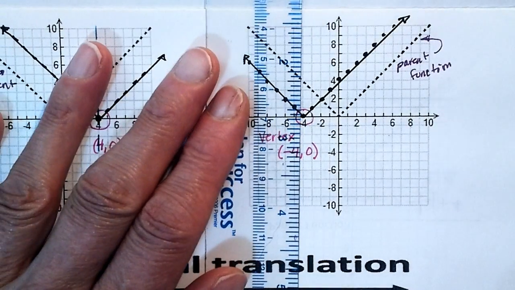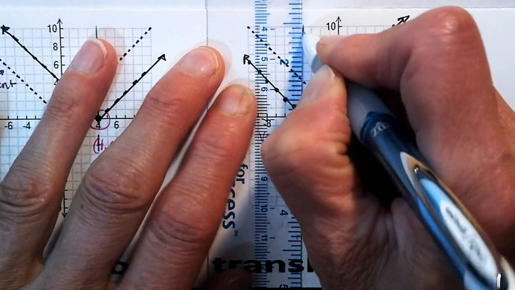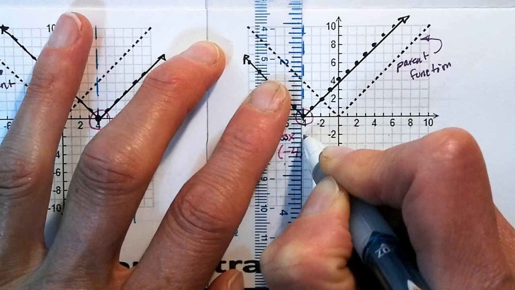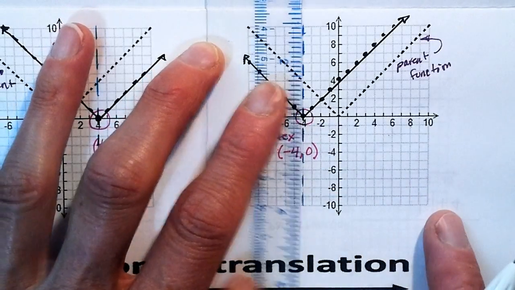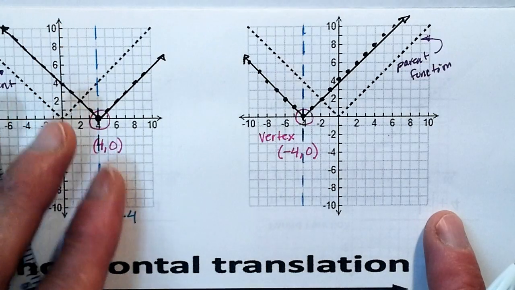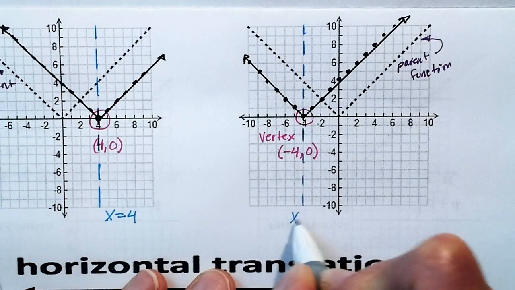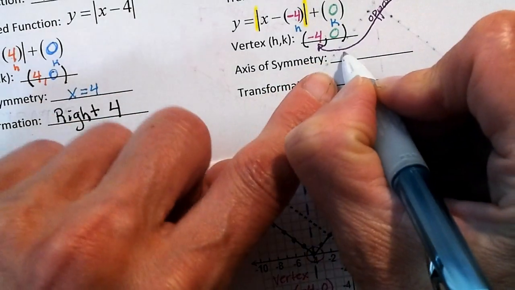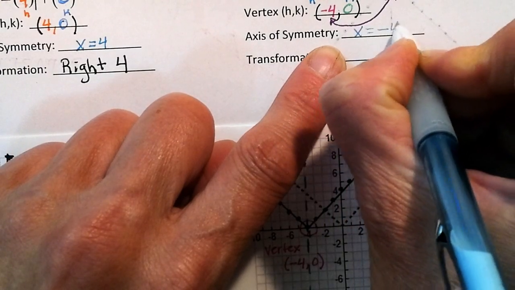So I'm going to go ahead and draw it in. I'm drawing it in as a dashed line because it's a concept. It's not the function itself. It's just where the symmetry of the function is. So here my axis of symmetry is at x equals -4.